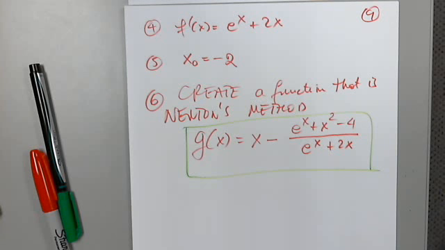So let's go back to y equals. And let's put in x minus parentheses for the top. Don't forget parentheses for the top. Close the parenthesis. Divided by another parenthesis, e to the x, and plus 2x. Then close the parenthesis.